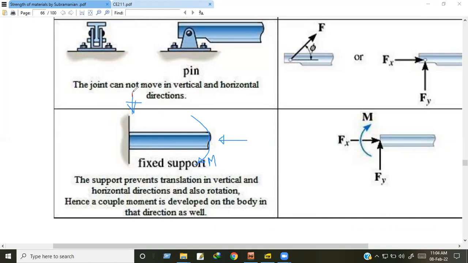If I apply a force in this direction, then a support reaction will be produced in this direction to balance this force, and that is the Ay force.